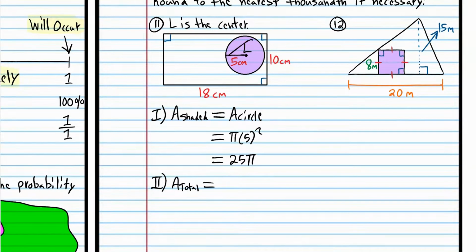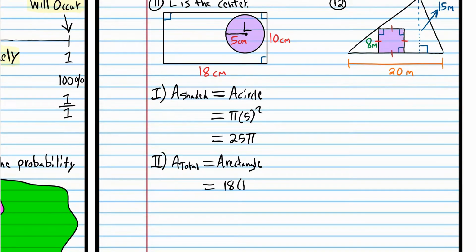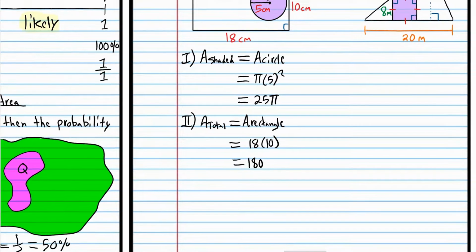So we found the area of this part, that's 25 pi, and then we're going to find the total area. So the area of the total is going to be the area of the rectangle, which is 18 times 10, which is 180.